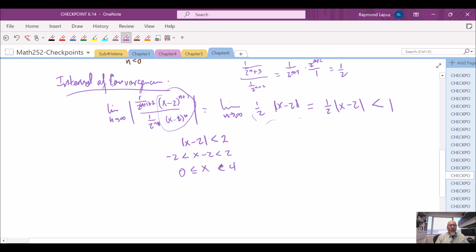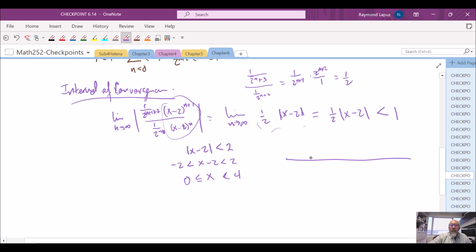And that kind of makes sense because the center point is 2, and right now we know that we're going to go from 0 to 4 here, and our 2 is here, and we know that it's going to converge everywhere inside.